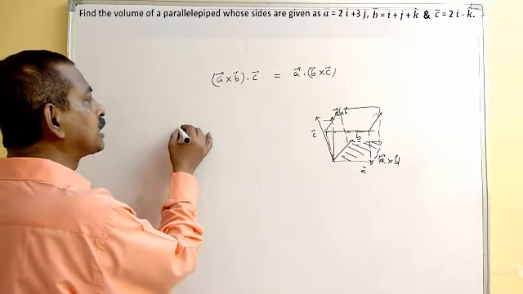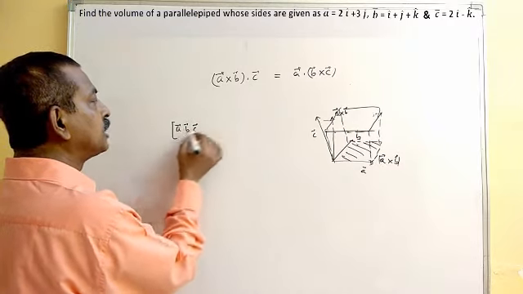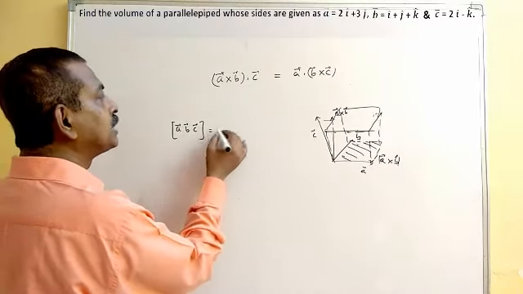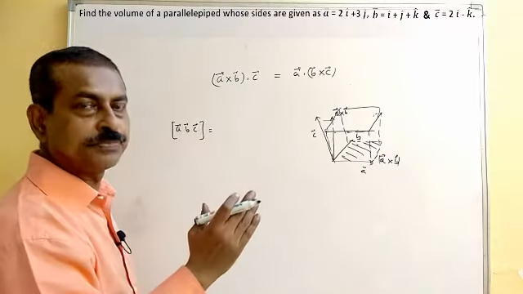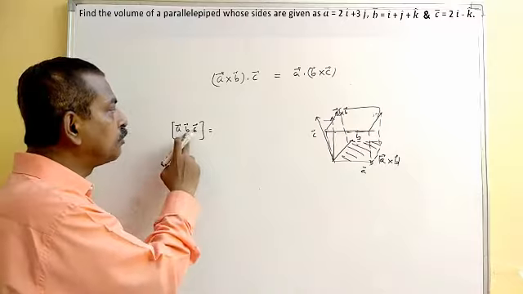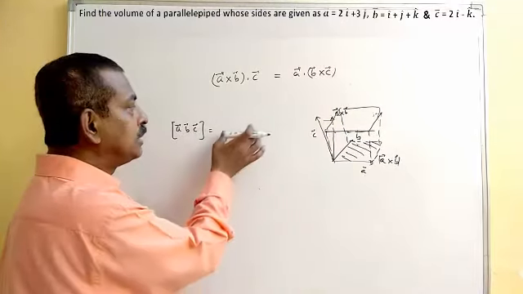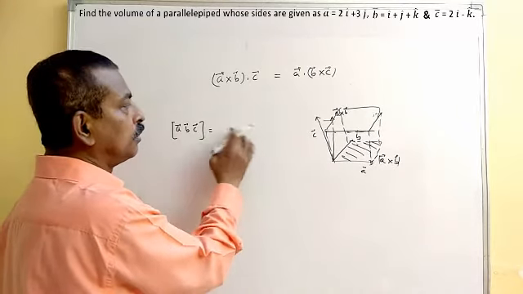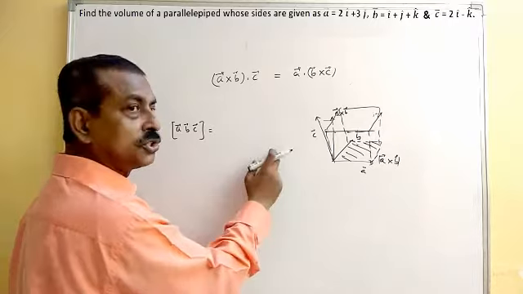So in that case, the scalar triple product of A, B, C is given as follows. For the cross product of B and C, the first row was i, j, k, and then it was B1, B2, B3, C1, C2, C3.